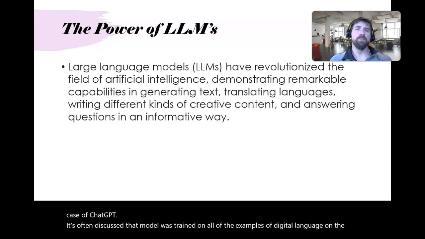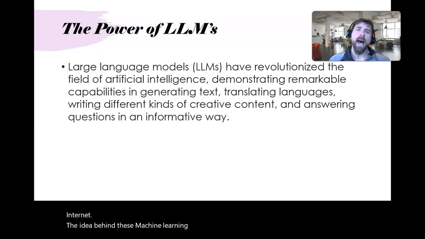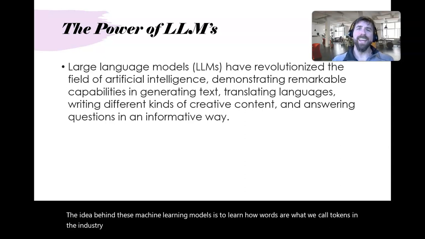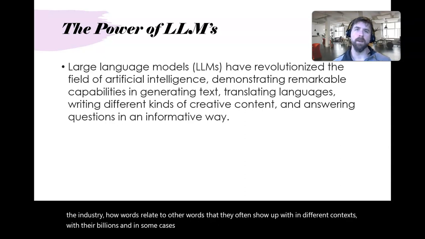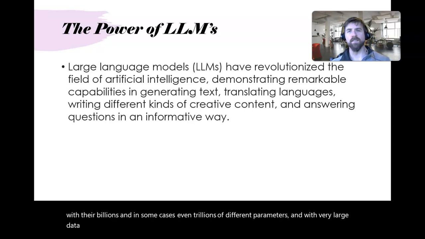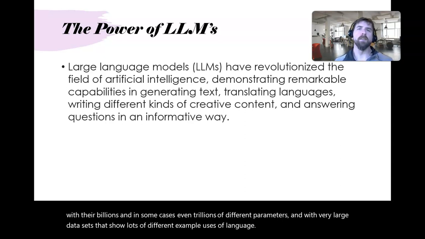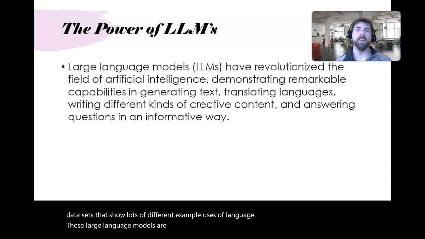The idea behind these machine learning models is to learn how words, or what we call tokens in the industry, relate to other words that they often show up with in different contexts. With their billions, and in some cases even trillions, of different parameters, and with very large data sets that show lots of different example uses of language, these large language models are able to learn a lot of the sophistication and nuance that's built into our everyday use of language.